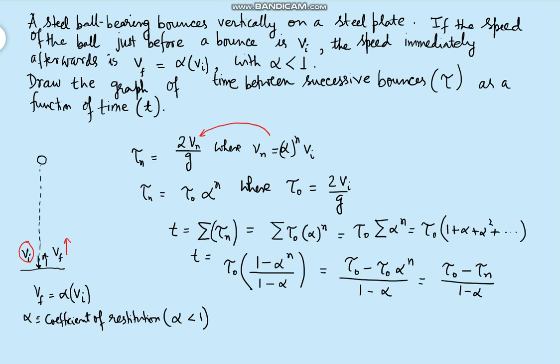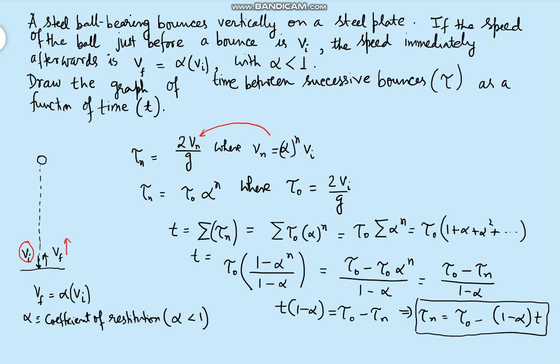So our job is to find out that t times 1 minus alpha is equal to tau naught minus tau n, and from there we can say tau n is equal to tau naught minus 1 minus alpha into t. This is the final expression, that is how tau n, the time lag between two successive collisions, changes with time.